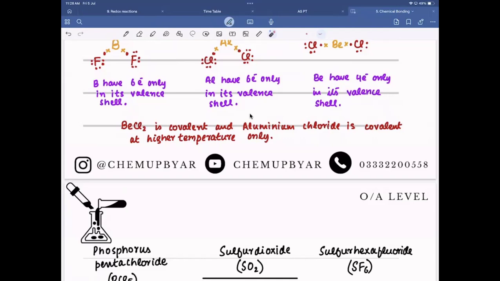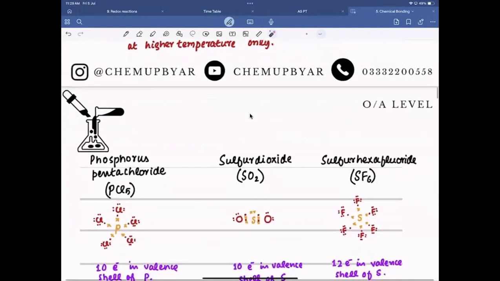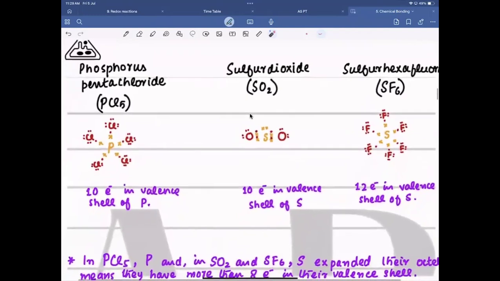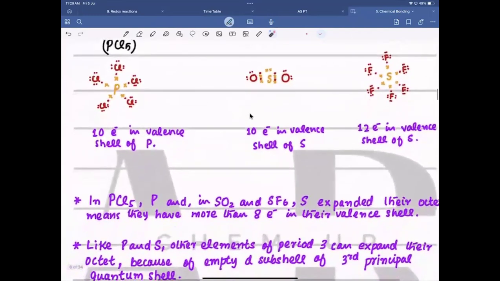Okay, that's fine. Now, if you count the electrons for phosphorus and sulfur in all these three, you will find that phosphorus has 10 electrons in its valence shell instead of 8. In sulfur dioxide, sulfur has 10 electrons in its valence shell. And in SF6, sulfur has 12 electrons in its valence shell, right?